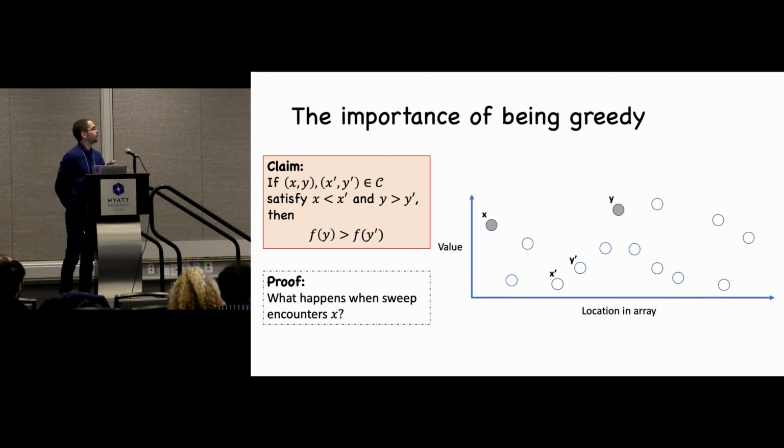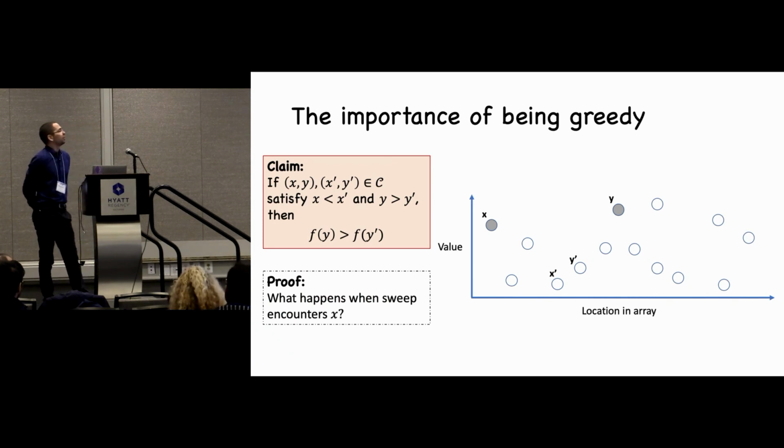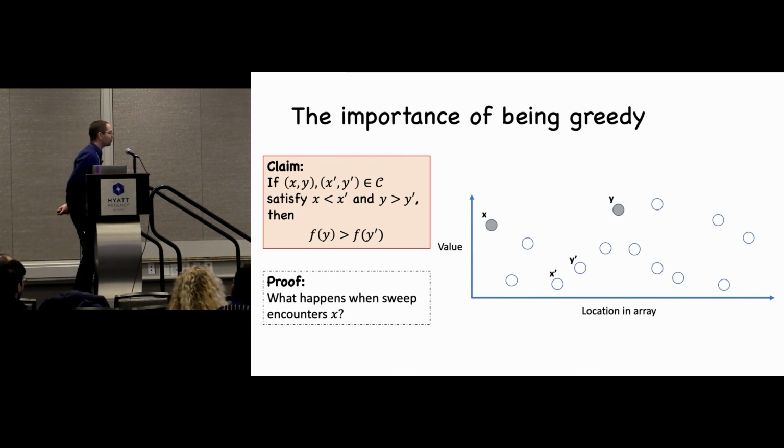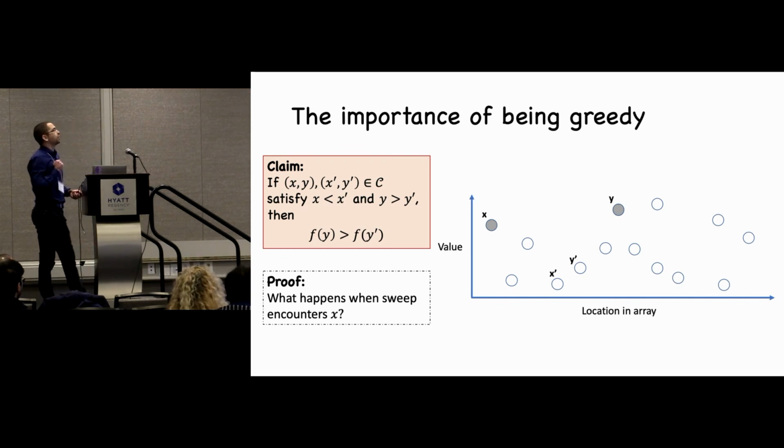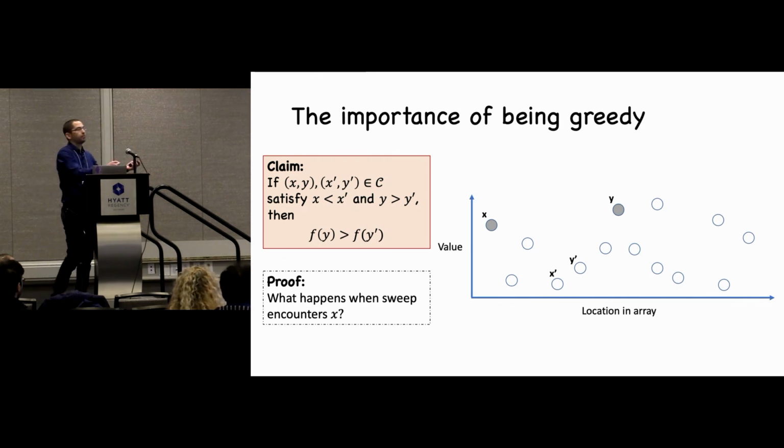So I want to give you a very simple claim. And actually, I'll even give you the proof. And the claim is that, so let's look at x and x prime in this drawing. If x is before x prime, but y that was matched to x comes after y prime, then the value of y is bigger than the value of y prime.